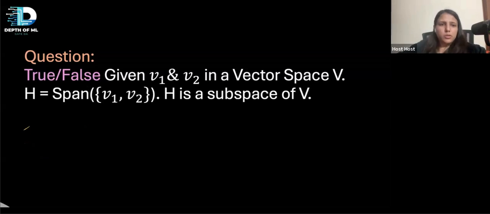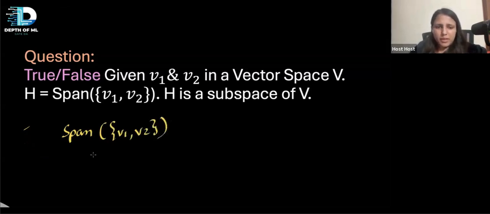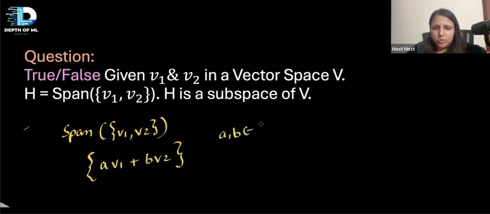Okay. So I am taking span of V1 and V2. When I say span, it means that it has linear combination of A V1 plus B V2, and A and B belong to R. So I have taken V1 and V2 from a bigger vector space V. Okay.